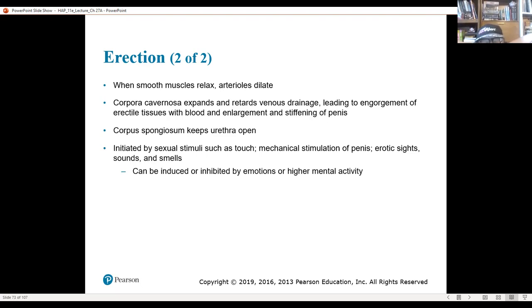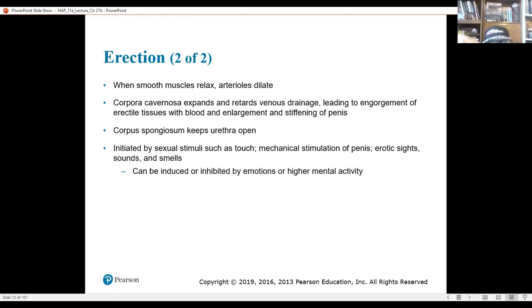That causes engorgement, filling up massively of the erectile tissues with blood, and enlargement and stiffening of the penis because of it. The corpus spongiosum that the urethra runs through, when that fills up with blood, it keeps the walls of the urethra open.